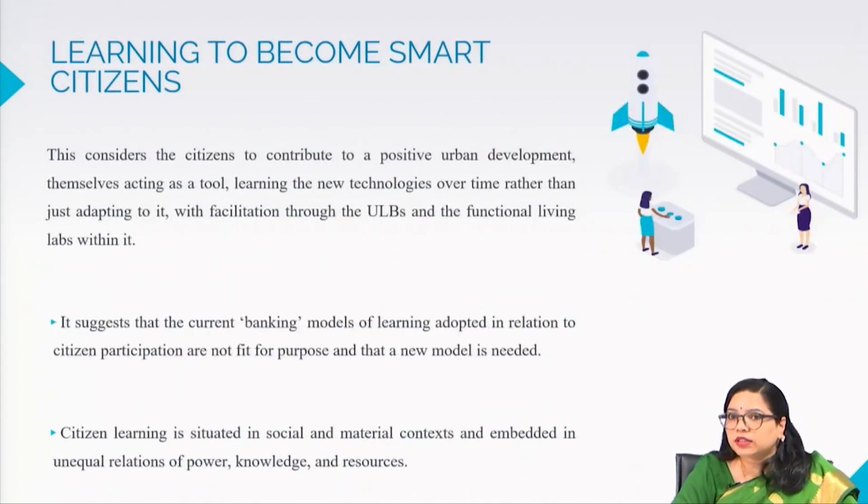The former considers the citizens able to contribute to positive urban development themselves, learning the new technologies over time rather than just adopting them, with facilitation through the ULBs and the living labs within them.